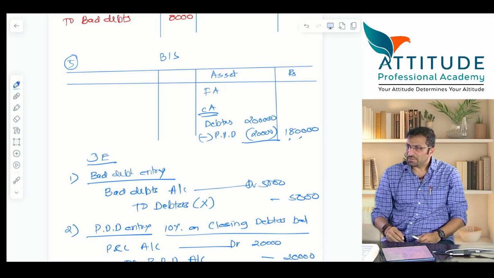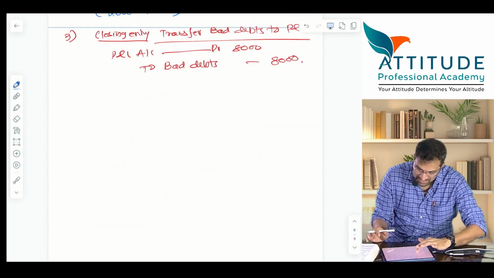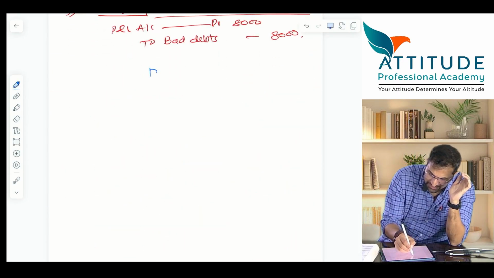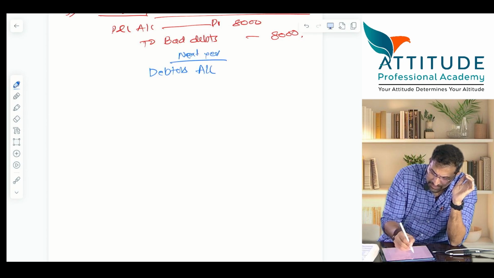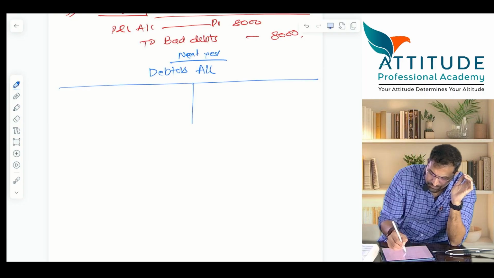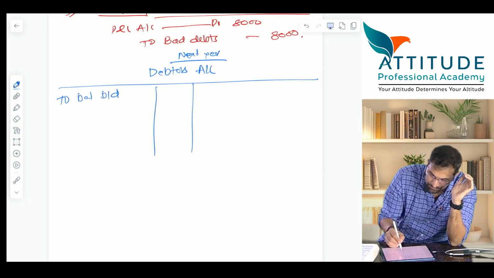One second. The same sum, if I continue next year. Okay. Next year if I continue, I will have a debtors balance of how much? I'm talking about next year. What will be the debtors balance for next year? Balance brought down, how much?